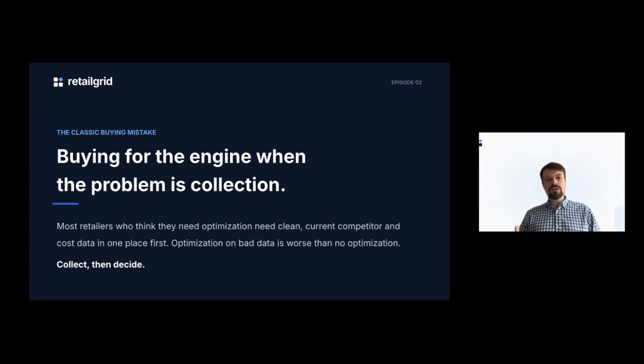IT has no resources; they're super busy with other projects. They cannot help with data integration, etc. And the whole project is stuck, money is spent, and it's bad for both sides, by the way. The client is not getting the benefit, profit benefit, market benefit, whatever, and the vendor doesn't get a good reference.